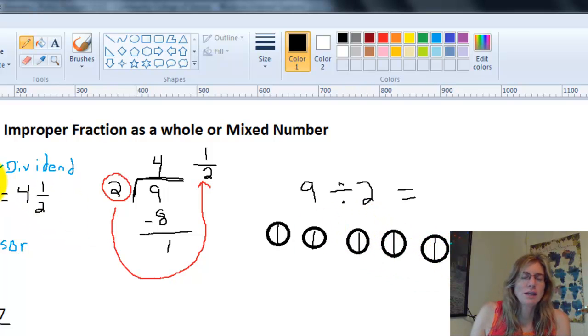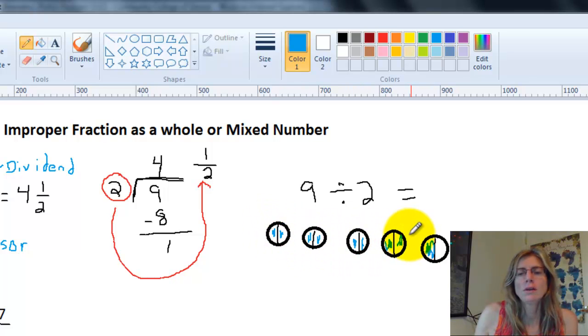But you only have 9 halves, so we'll color in 1, 2, 3, 4, 5, 6, 7, 8, and you're only going to color in one side of this circle. And that's what 9 halves is. 4 wholes, and 1/2.